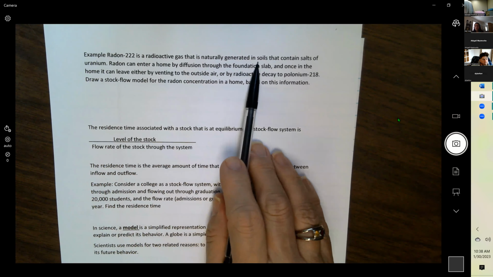Notice it's coming in one spot through the slab and it's going out in two spots.